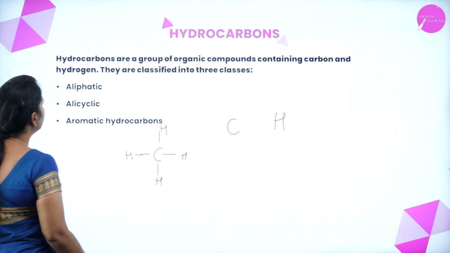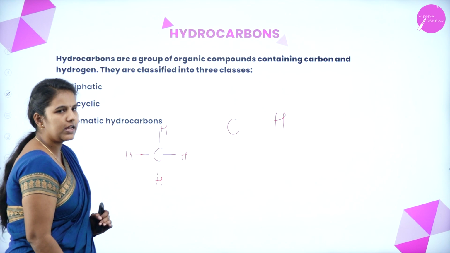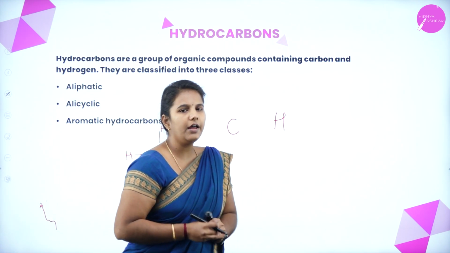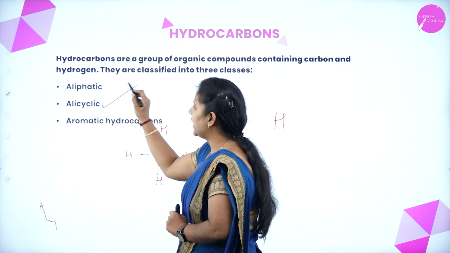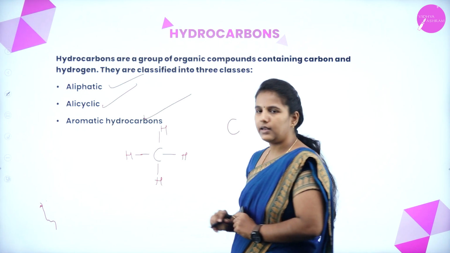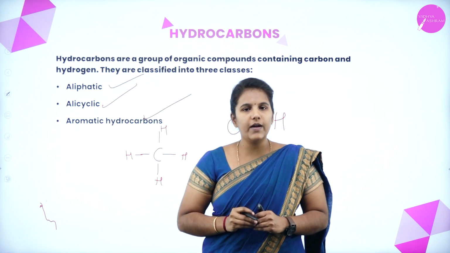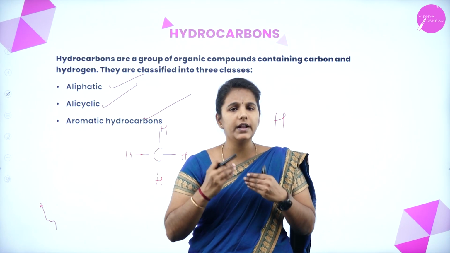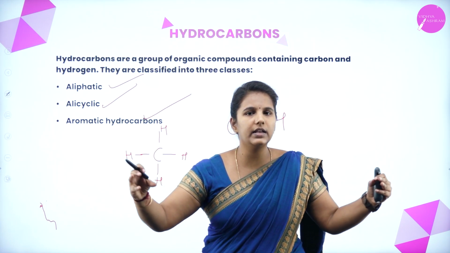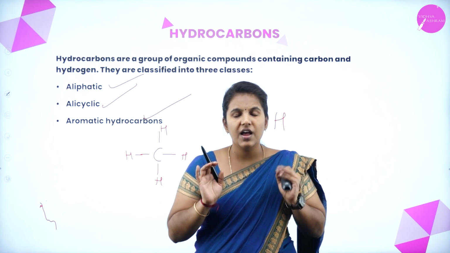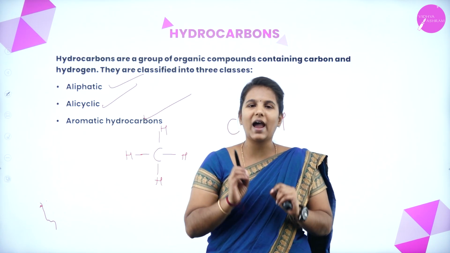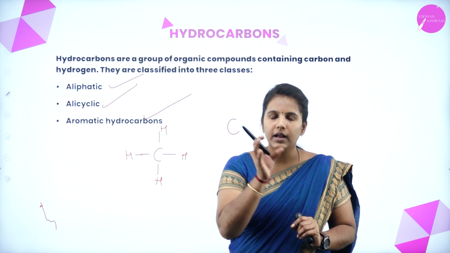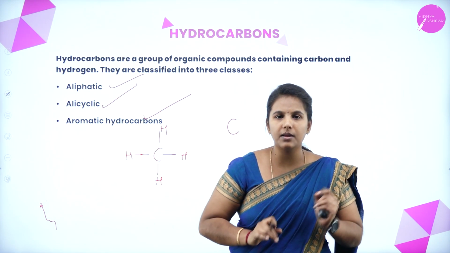Remember, these hydrocarbons are broadly classified into 3 classes: aliphatic, alicyclic and aromatic. Aliphatic means the carbon and hydrogen atoms are aligned in a straight chain, whereas in alicyclic, the carbon and hydrogen atoms are present in a cyclic manner.